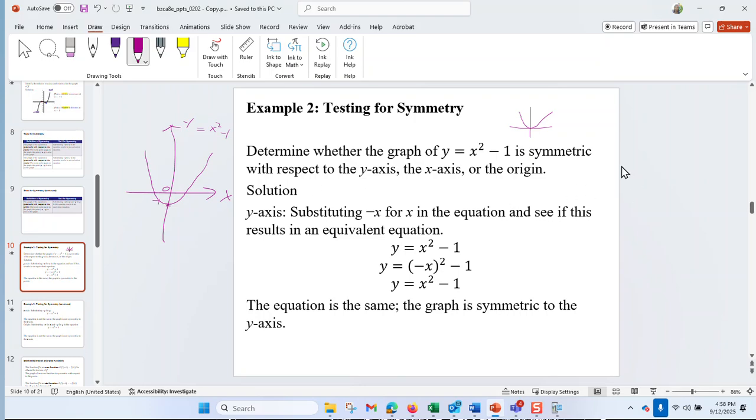Alright, so what does the symmetry mean? That means if I fold this graph around the y-axis, my left side is going to overlap my right side, like a P becoming a Q position, and these two distances to the y-axis will be the same. So that is considered a symmetry.